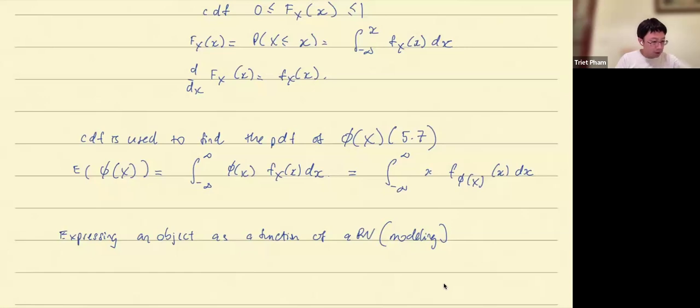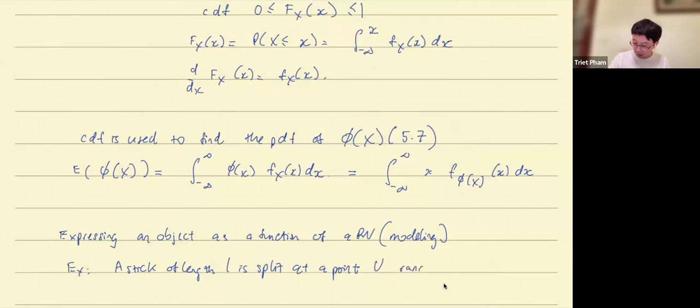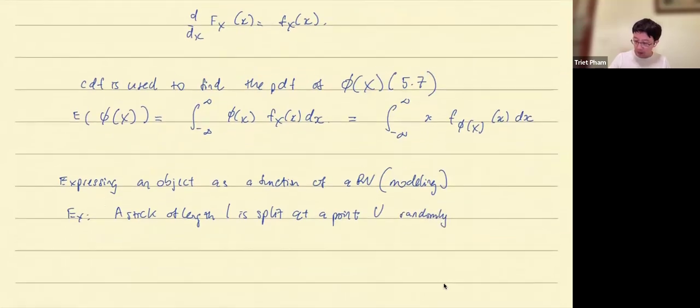To demonstrate, I think we had the example last time where a stick of length 1 is split at a point U uniformly, or randomly along the length.